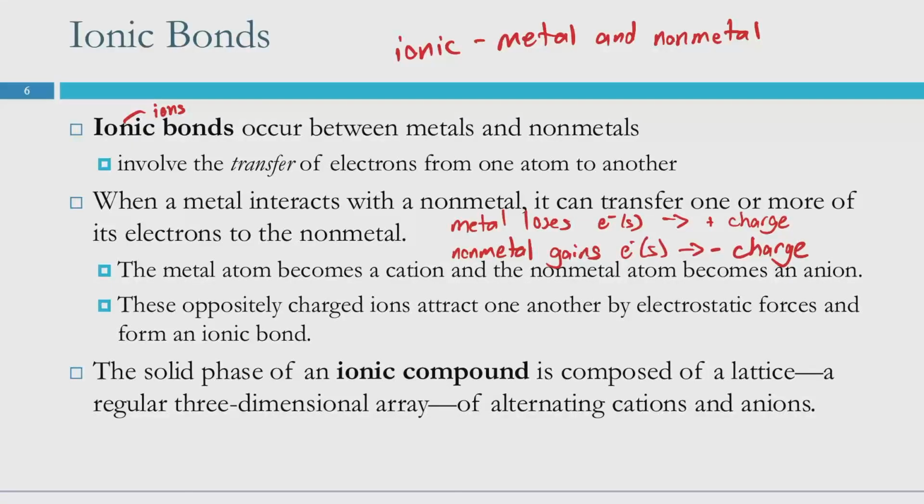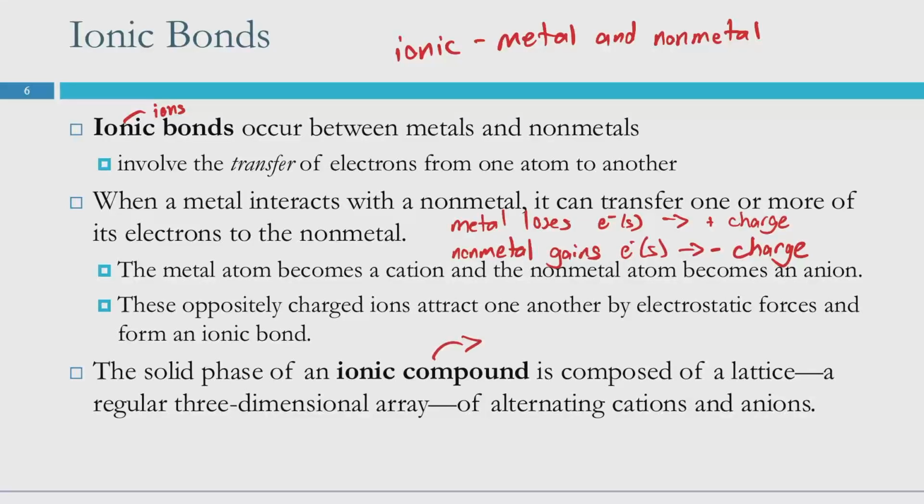And when we put these positively charged and negatively charged particles in close proximity, just like opposites of a magnet, they stick together. So the solid phase for an ionic compound is going to be a lattice, a three-dimensional framework that alternates between cations and anions.